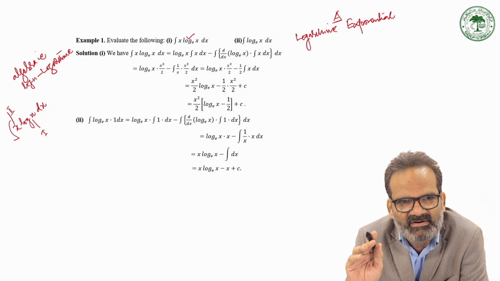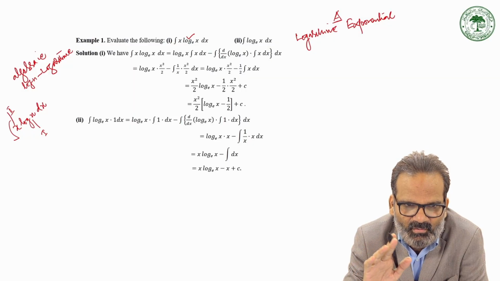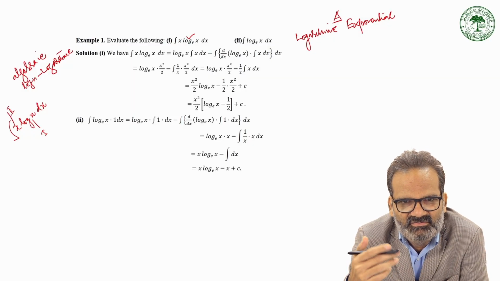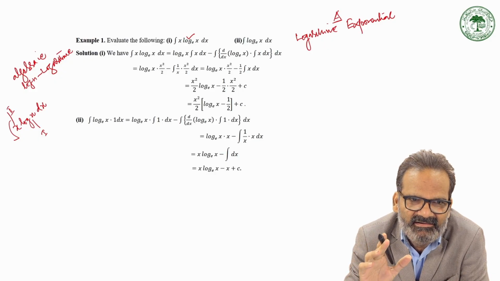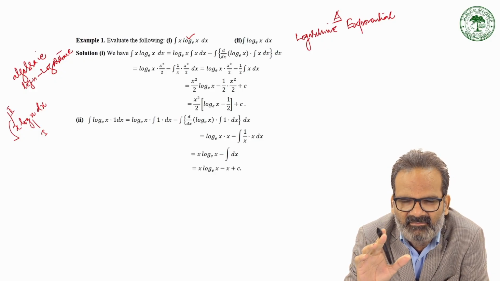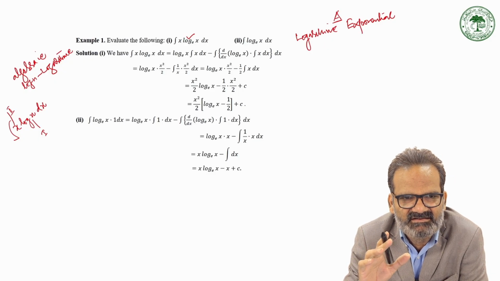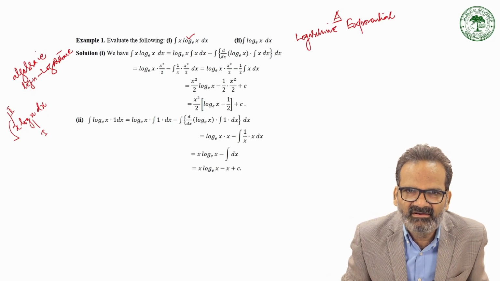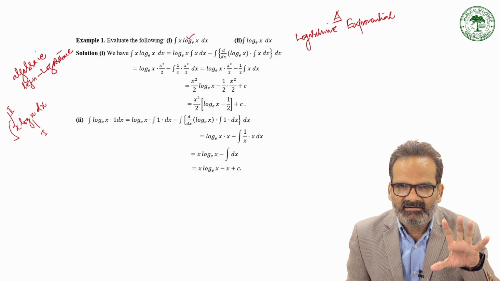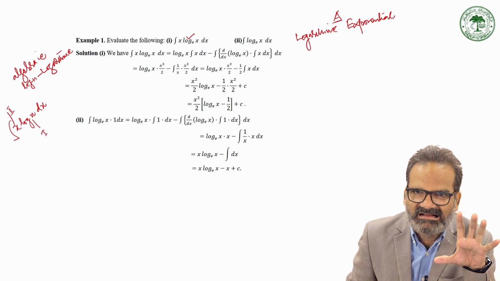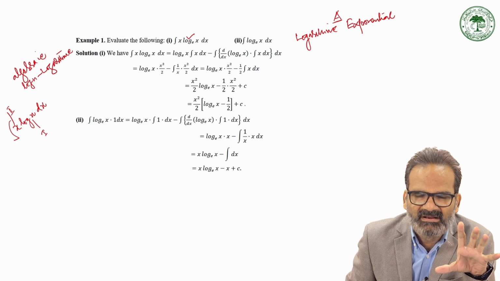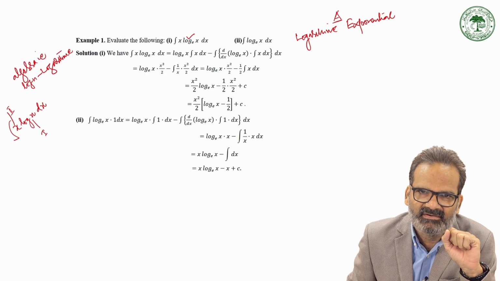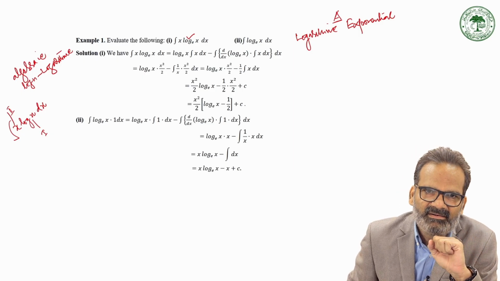Clear? Students, I will advise you, don't write first and second whenever you are writing down the solution of these questions. I am writing here only for your understanding because this is the first exercise. That's why I am mentioning everything very clearly so that you can understand the basic concept, how we can use the method of integration by parts to find the integrals of various functions if they are multiplied together.